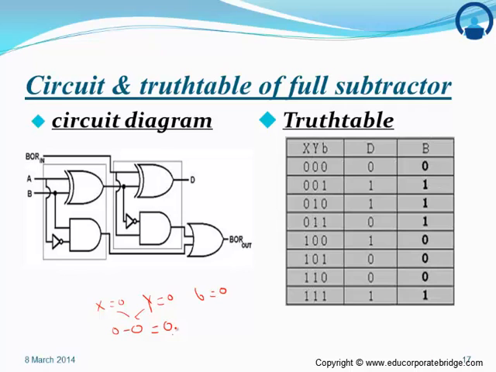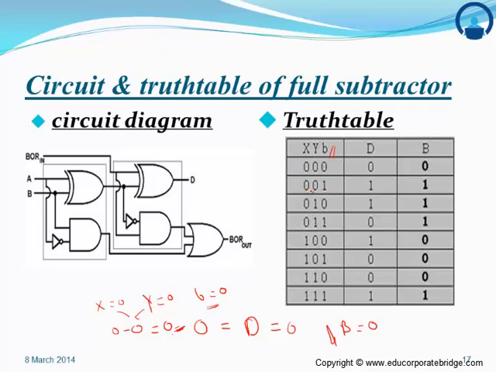Again, this 0 is subtracted with this Bin, which is 0, so we get the difference equal to 0 and borrow equal to 0. Similarly, let's work out for 0, 0, 1.